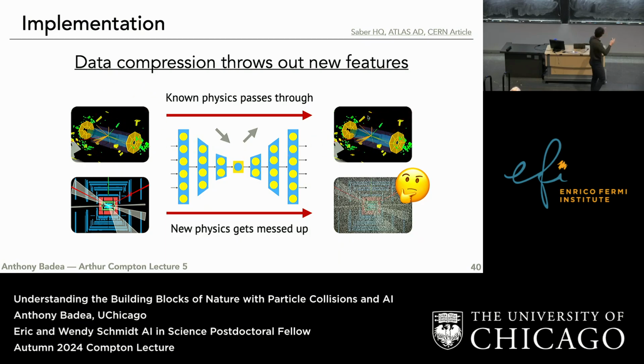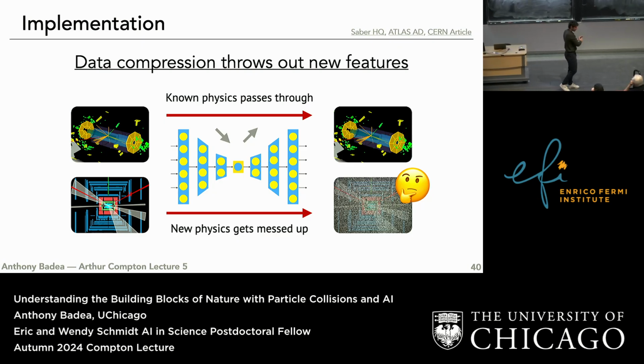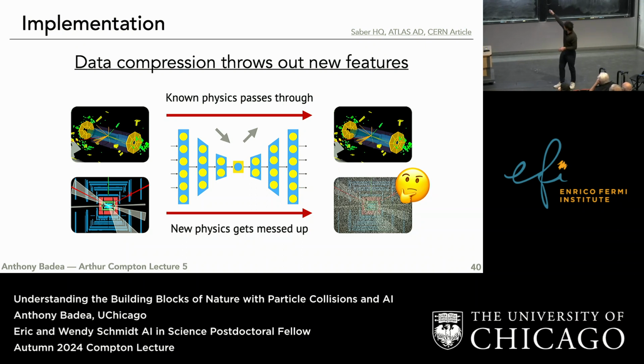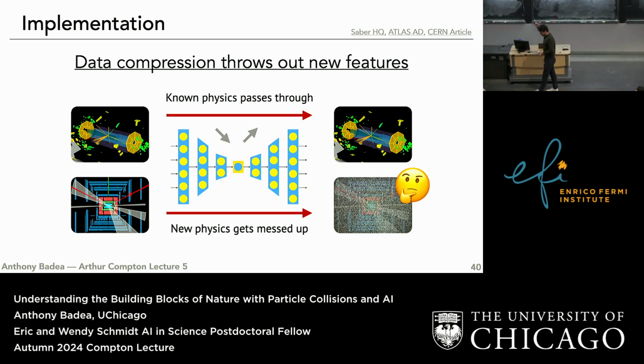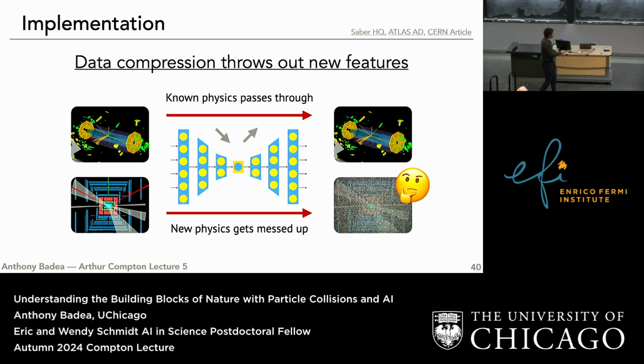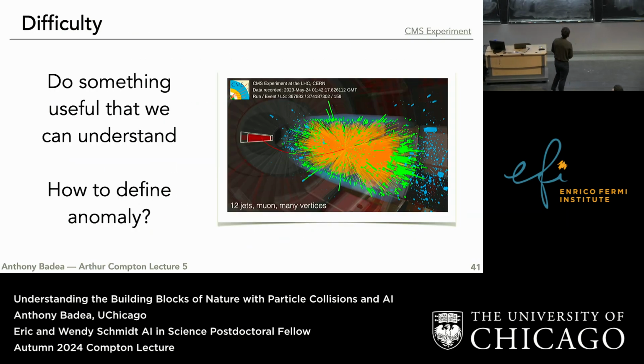I really mean almost literally that you take a picture of the event, you put it in the box, you throw away information, and on the other side of the box, you get out a similar looking picture. But if you have an anomalous event that doesn't look like what you usually see, and you put it into the same box, what you'll get out at the end is really blurry. You'll get a picture on the other side that looks just like this. Then you get a collection of these, and you can ask, why do these look so weird? And the answer is, I have no idea.